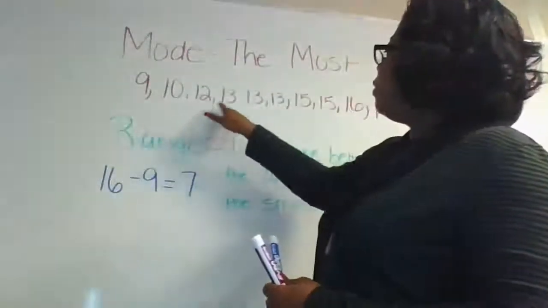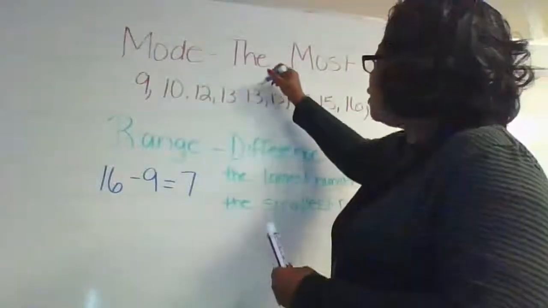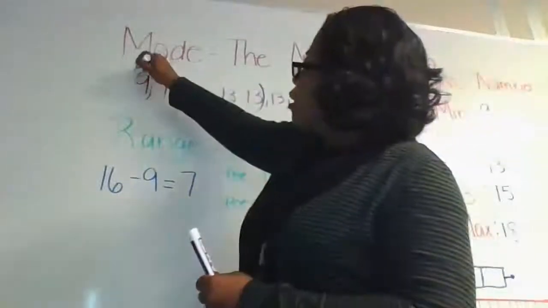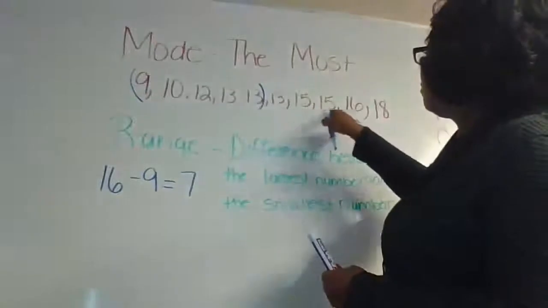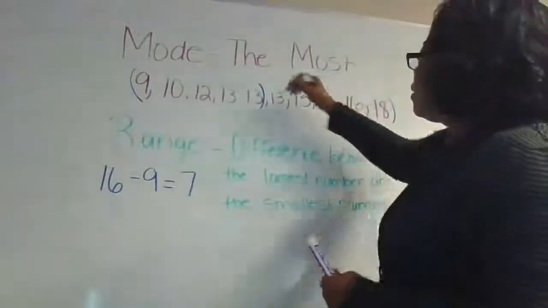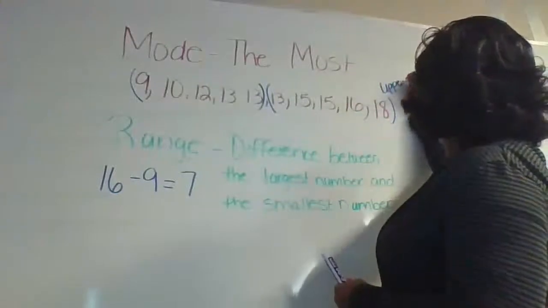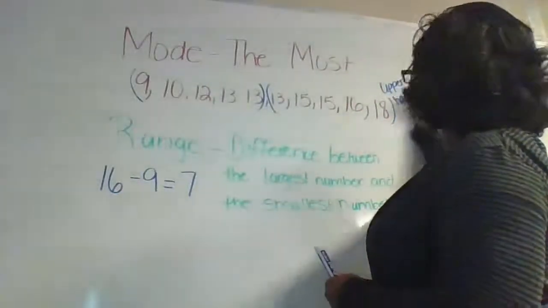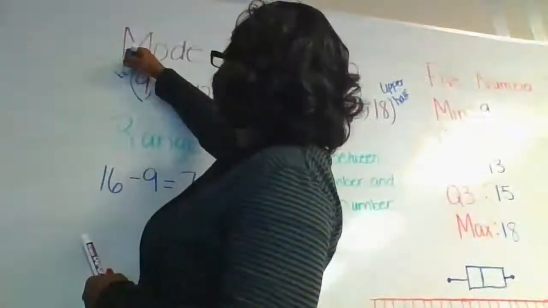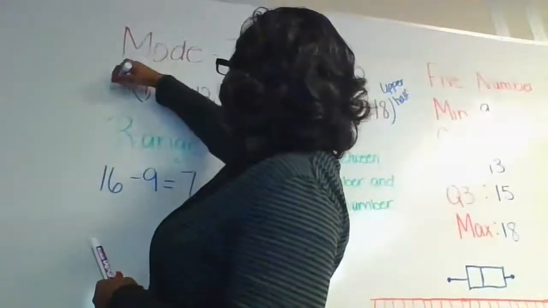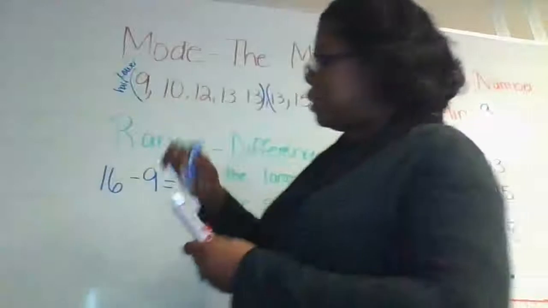So 1, 2, 3, 4, 5, we'll put parentheses here, and then the other 5, 1, 2, 3, 4, 5, parentheses here. So now this is your upper half, and this is your lower half. And everything else stays the same.